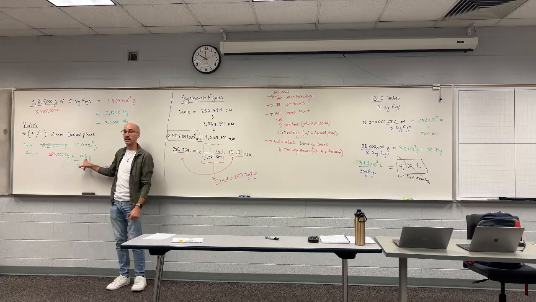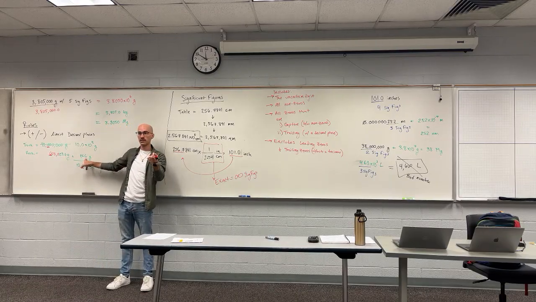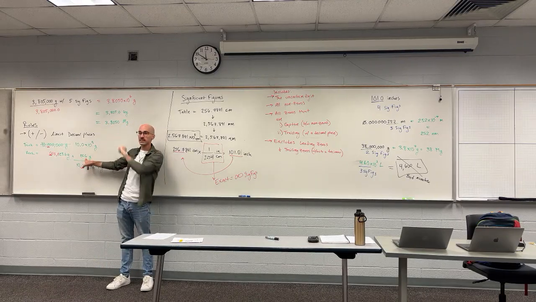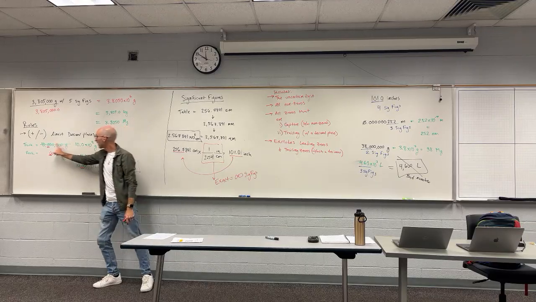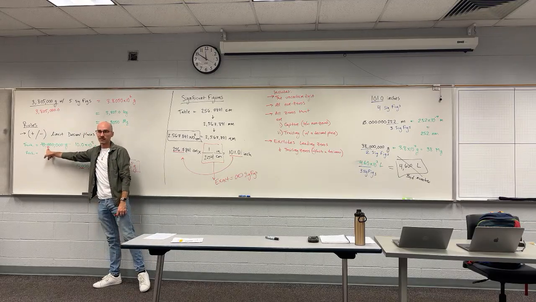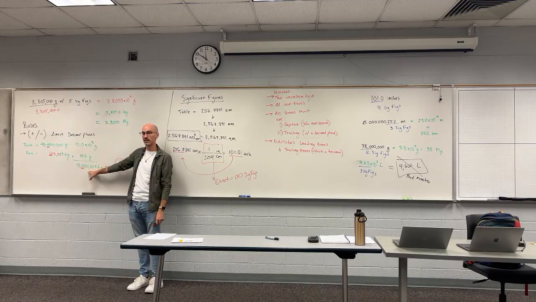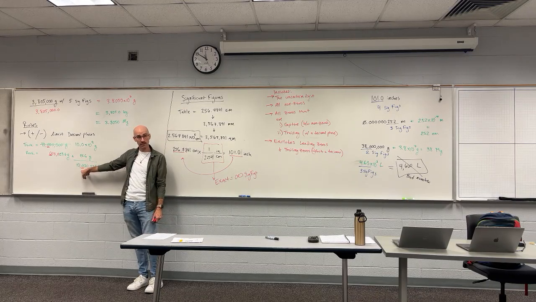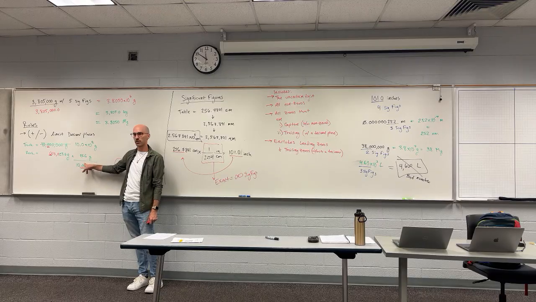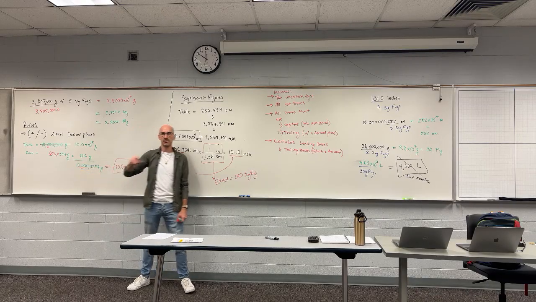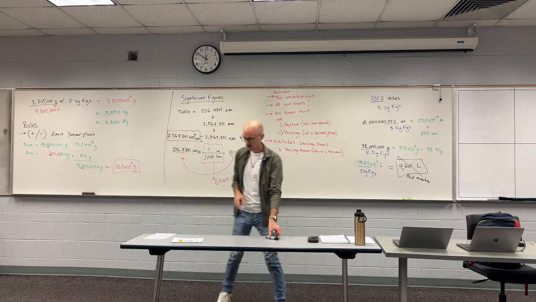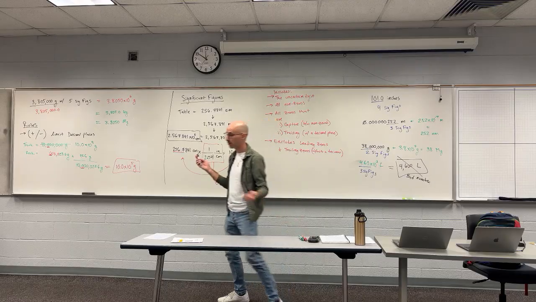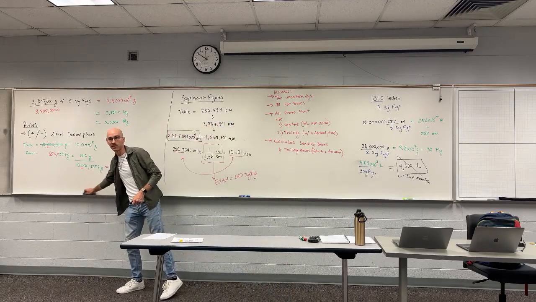This is significant to the tenths place. I'm limited to the least number of decimal places. That's here. So my final answer after doing the sum means that I'm only significant here. That's my uncertain digit, and I'm going to round from the number to the right of it. Well, 0 just rounds to 0. In other words, the rock becomes insignificant to the weight of the truck. The rock is insignificant to the mass of the truck.